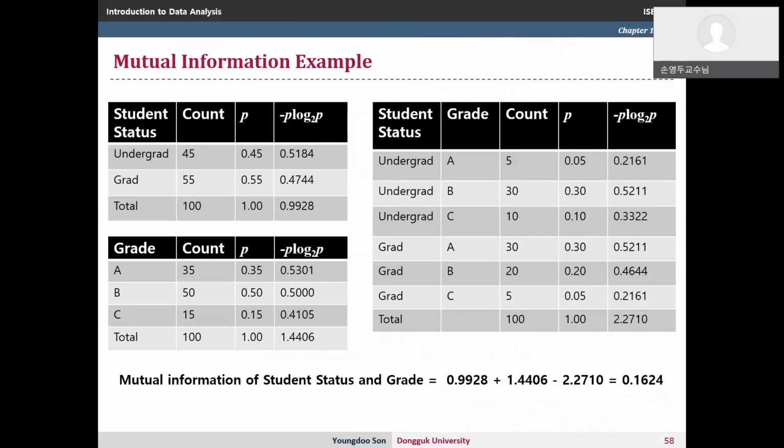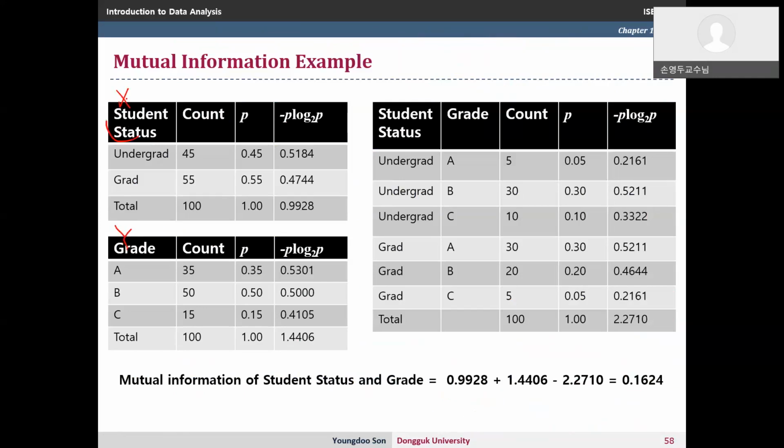So here is an example of how we can calculate the mutual information. First, we have two variables x and y.